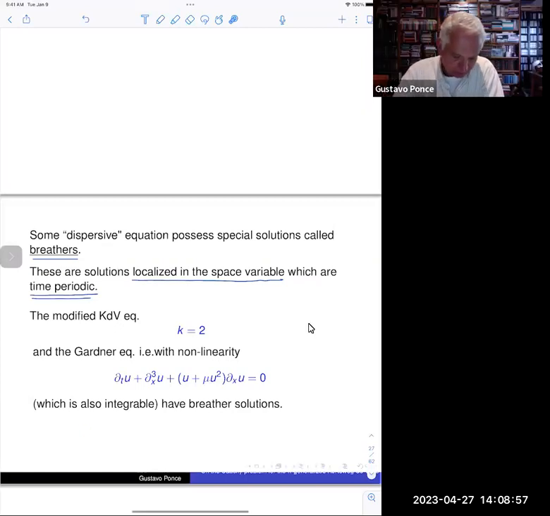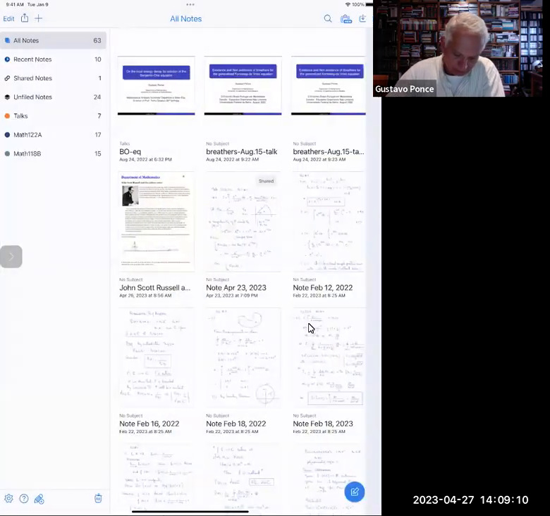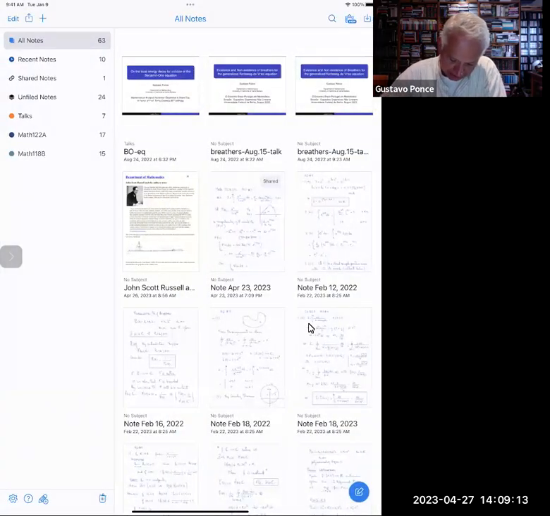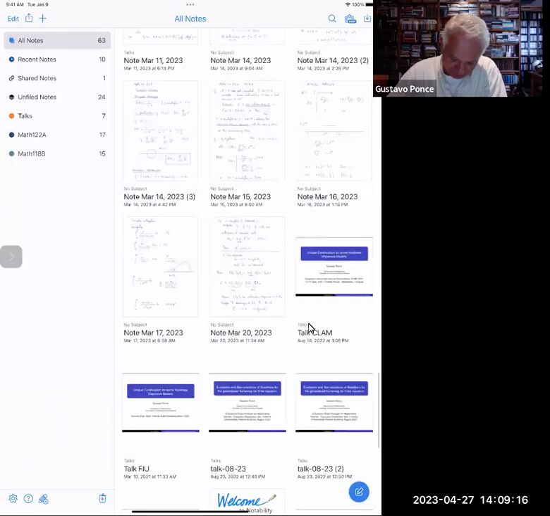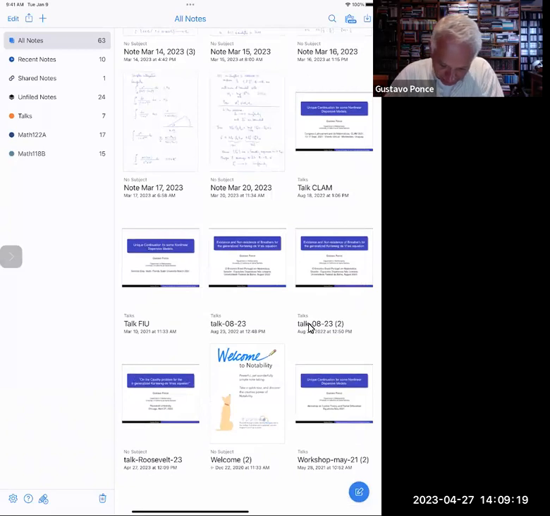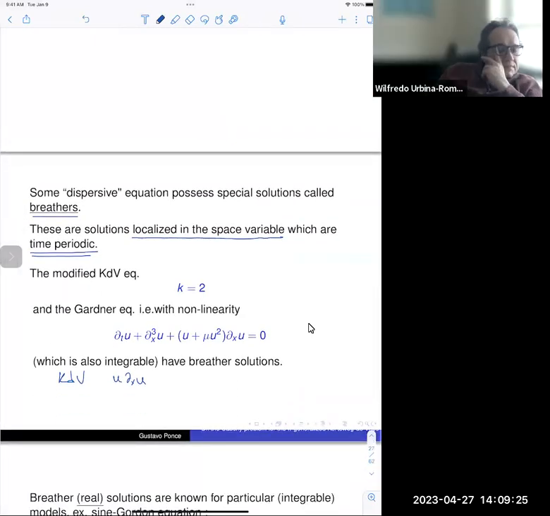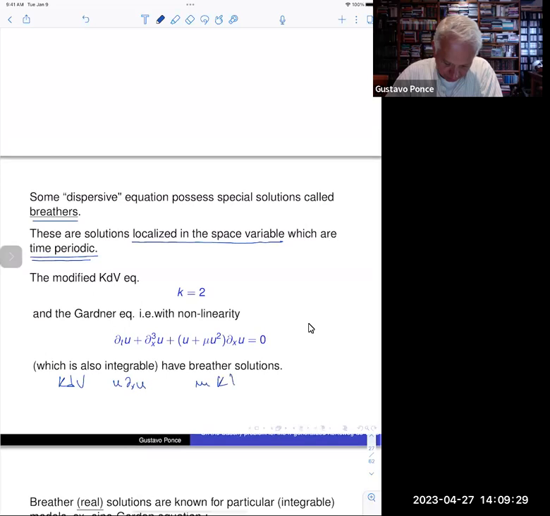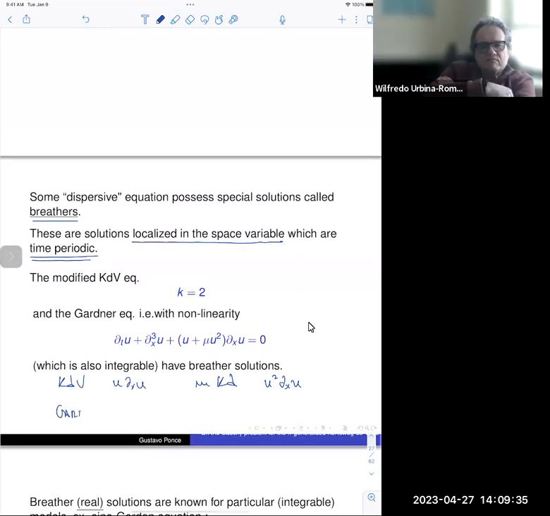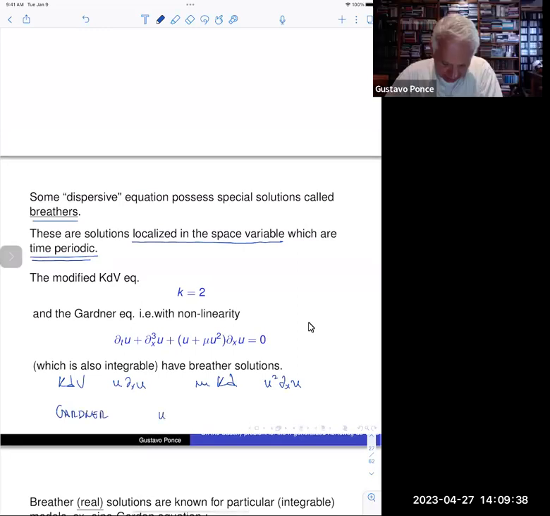For the Gardner equation, you have KdV, which is u u_x, then the modified KdV, that is u squared u_x, and we have the Gardner equation, that is u plus some parameter mu squared, a kind of combination of these.